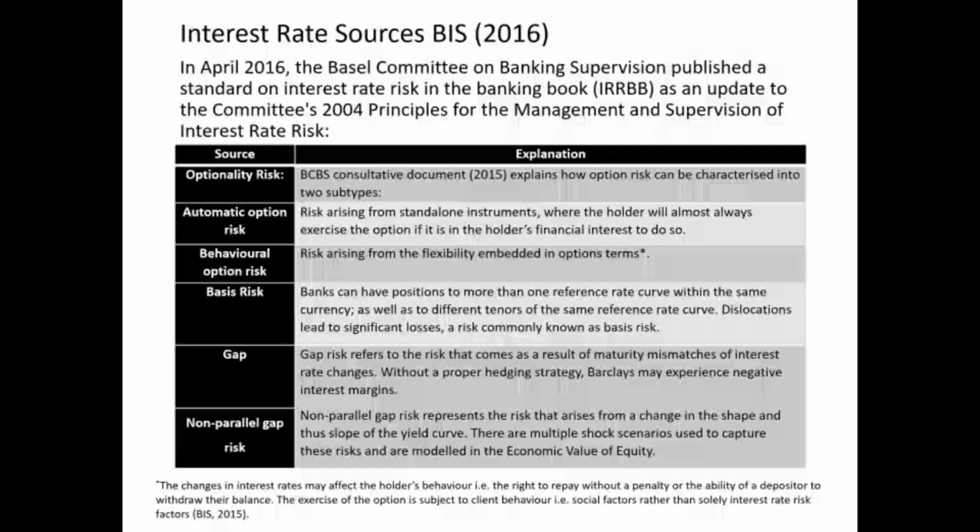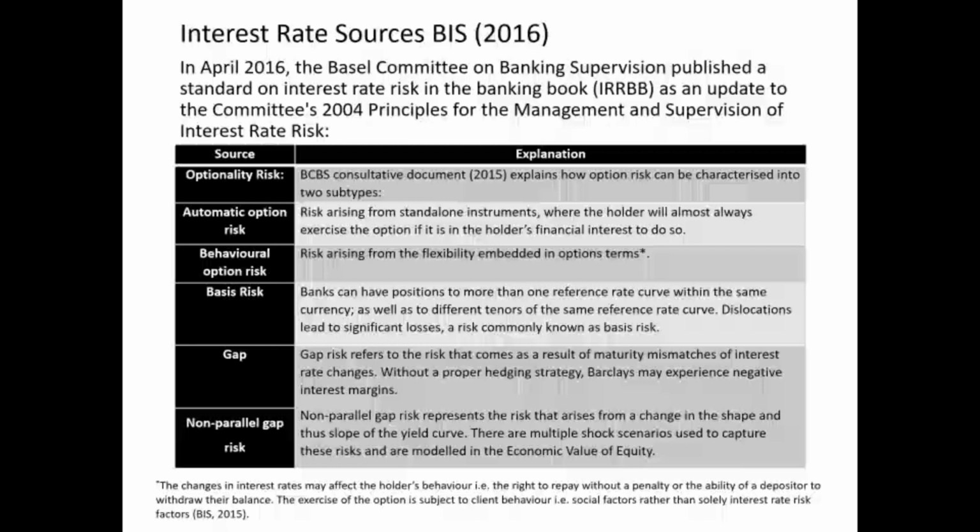In gap risk, I broke it down a bit further into, again, refinancing, but also yield curve, which is about the non-parallel shift in the yield curve. So within gap, you can see which part refers to repricing and which part refers to potential yield curve.